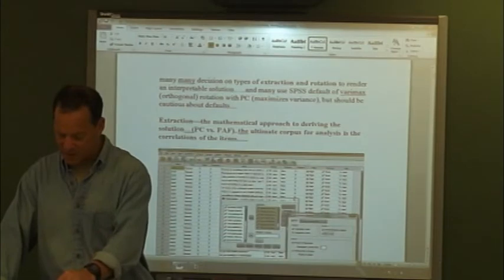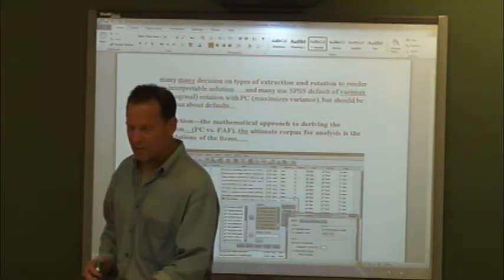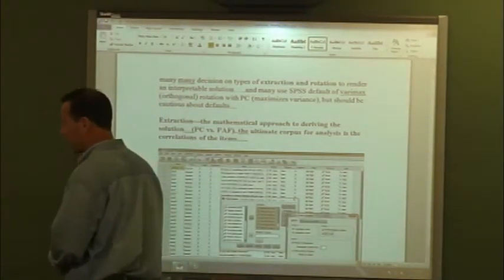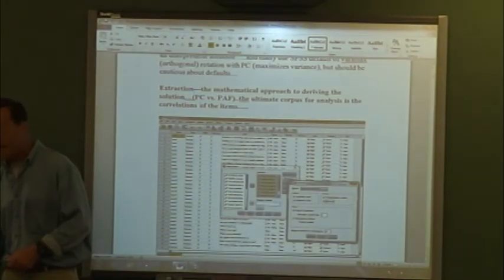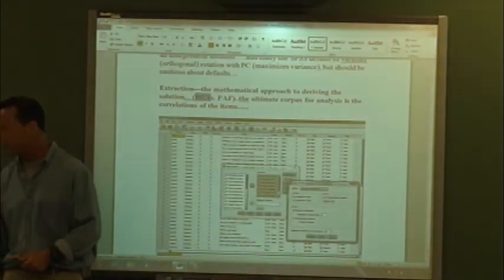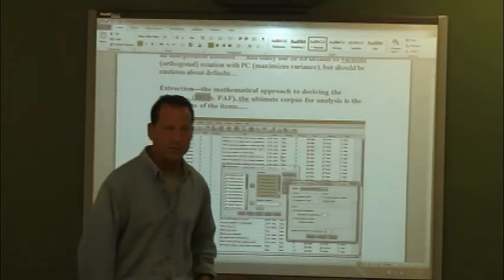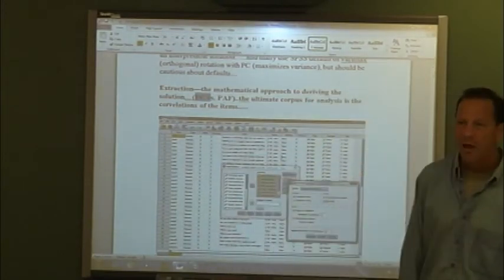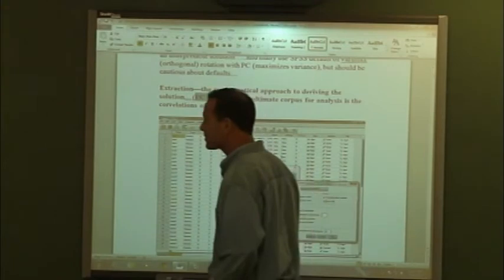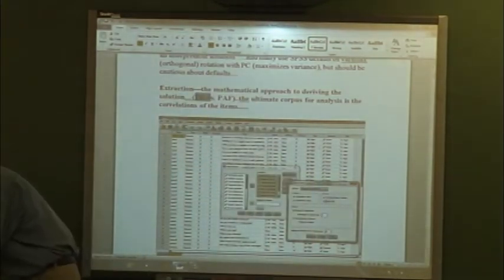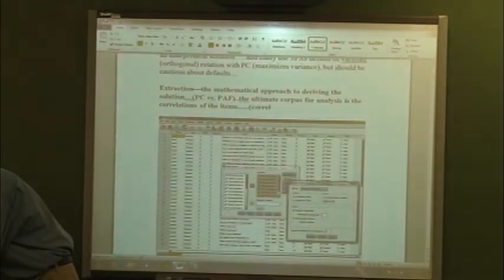And it's really easy to use the default. But I'm going to show you why one should not. So extraction is the mathematical approach to deriving the solution. PC means principal components. PAF means principal axis factoring. The ultimate corpus for analysis is the correlations of the items, meaning a correlation matrix.